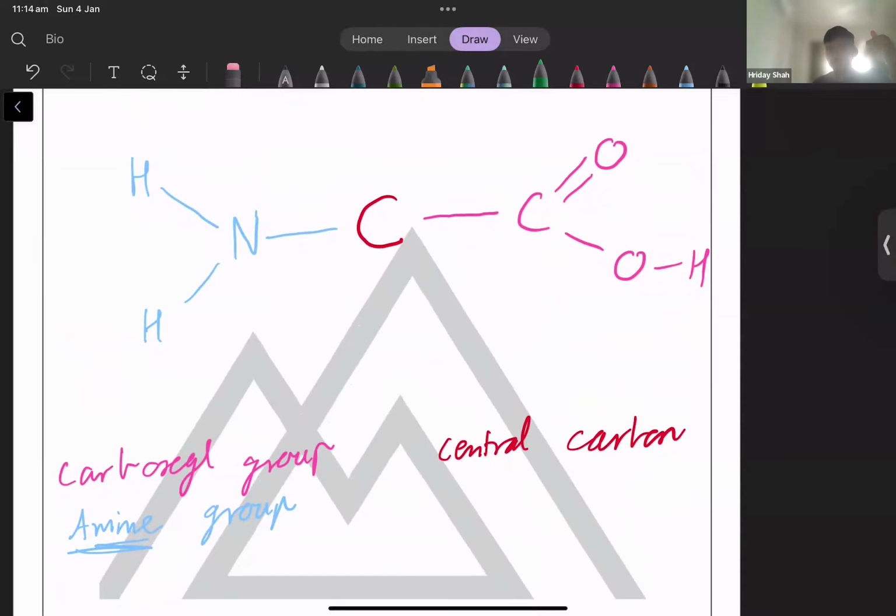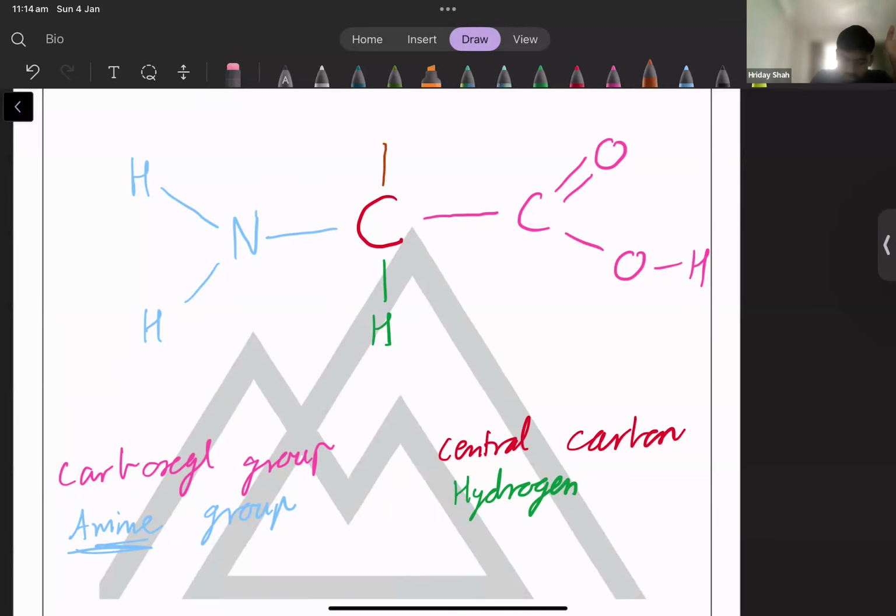To the bottom of the carbon, we have our hydrogen. You can call it hydrogen atom, hydrogen group, or just hydrogen. Doesn't really matter too much.